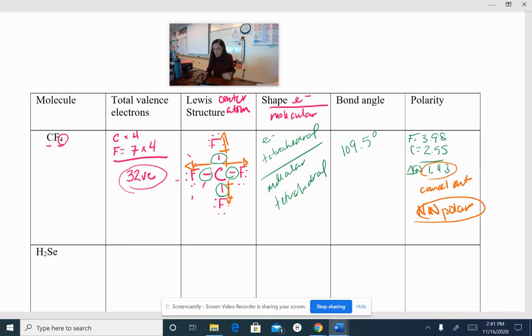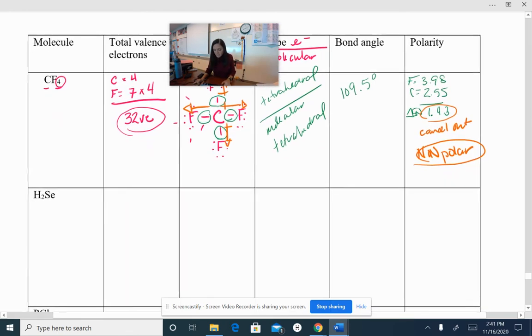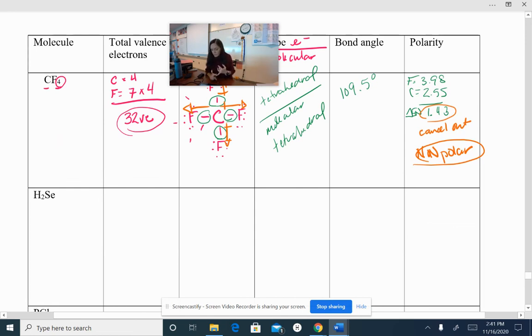All right. So I want you to do that same thing for all the rest of these molecules. I want you to figure out how many total electrons there are, draw that Lewis structure, figure out what's going on around that center atom, figure out the molecular and the electronic shape, build that molecule in that PhET simulation so that you can get the shape and the bond angles, and then use that shape in three dimensions and the electronegativities to determine whether these molecules are polar or not.